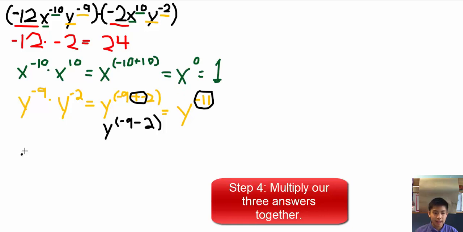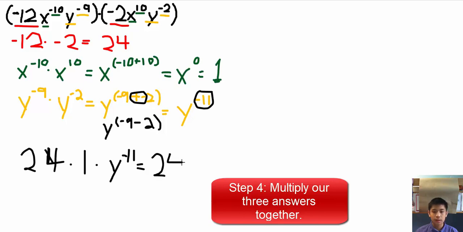If we do that, we get 24 times 1 times y to the negative 11th power. And that gives us 24y to the negative 11th.